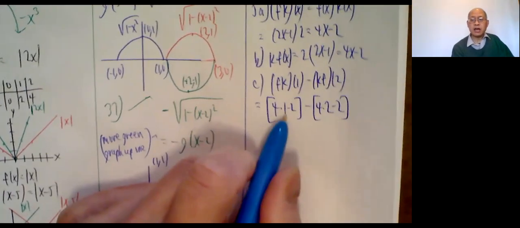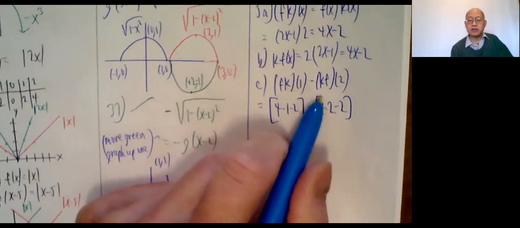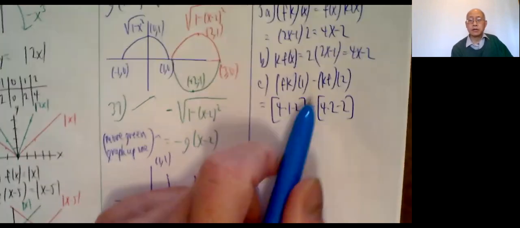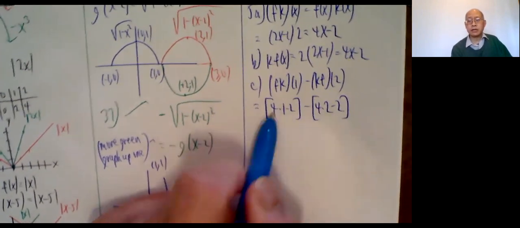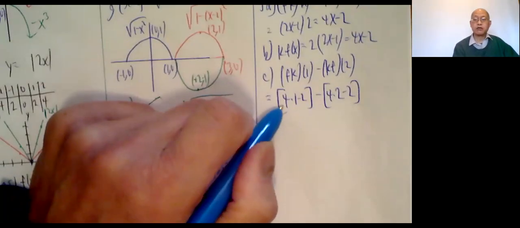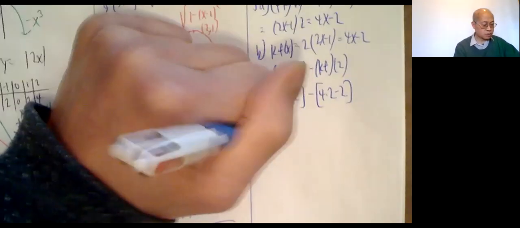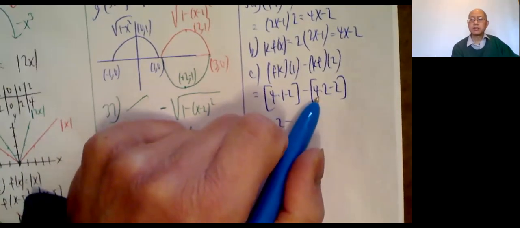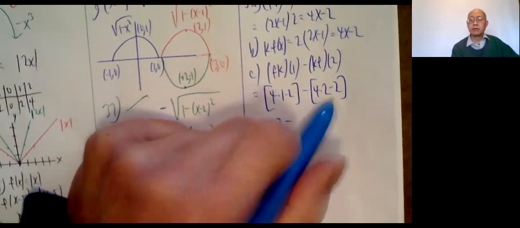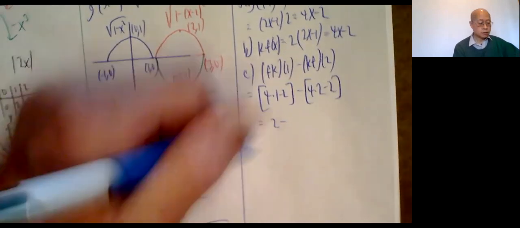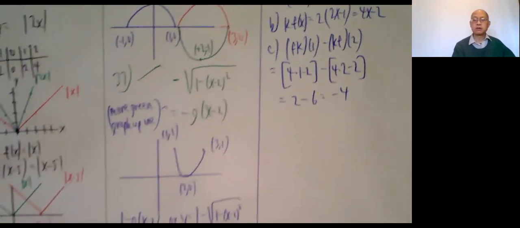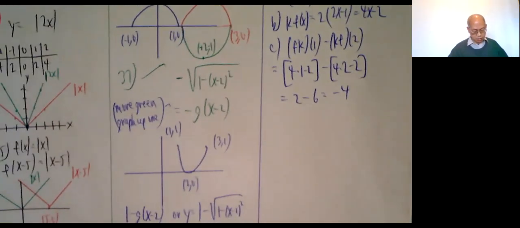This is fk of 1. Fk and kf are the same function. So I plug in 1, 4 times 1 minus 2, I plug in 2, 4 times 2 minus 2, and then subtract. So 4 times 1 is 4, 4 minus 2 is 2. 4 times 2 is 8, 8 minus 2 is 6. So 2 minus 6, negative 4.